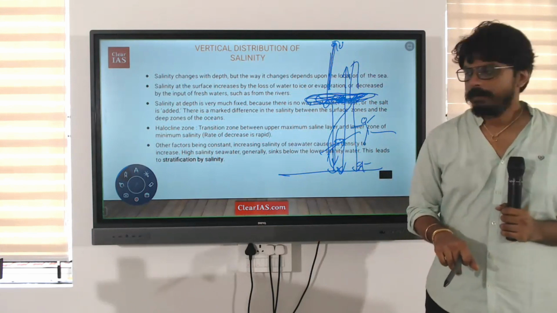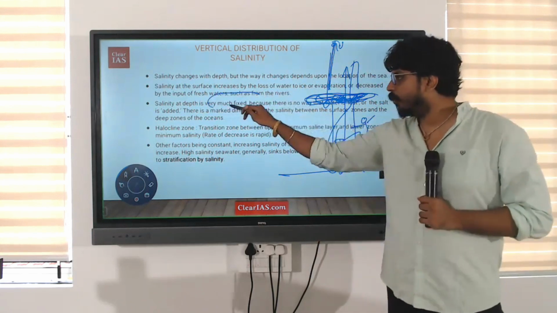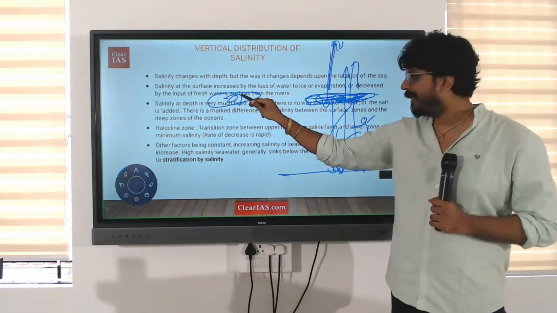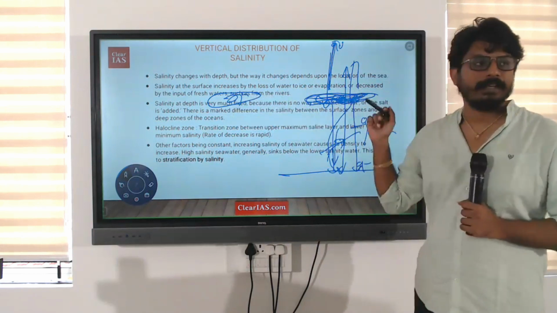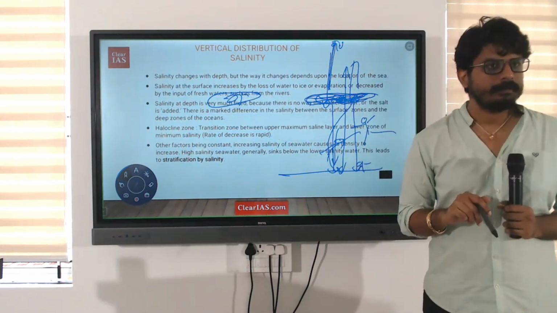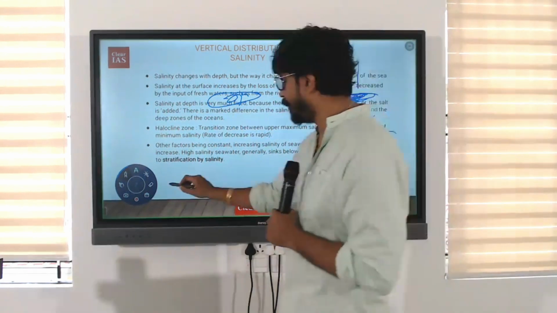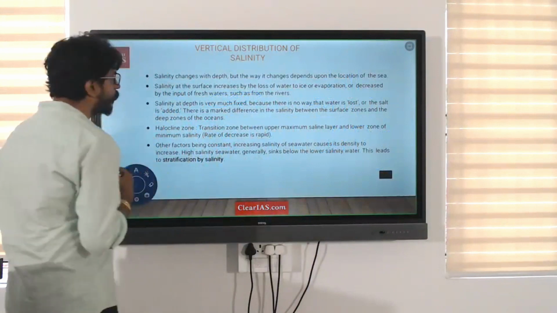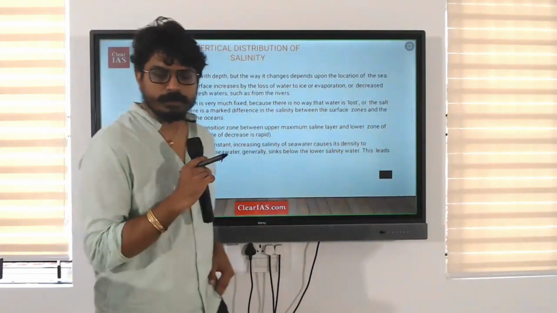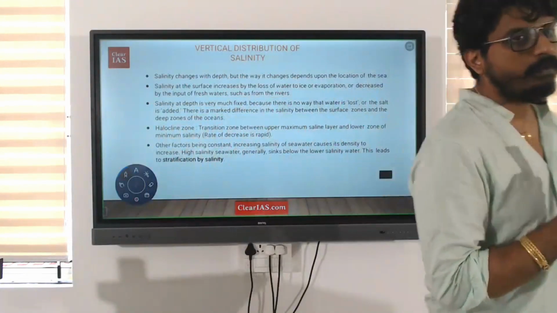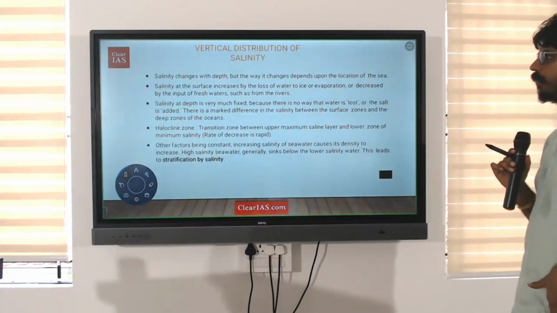Yes or no? But in the case of the polar, cold region, the surface salinity would be lesser compared to the equatorial areas because of the melting of glaciers. So write down. We'll study in detail as we move ahead and we will draw the vertical distribution of salinity.